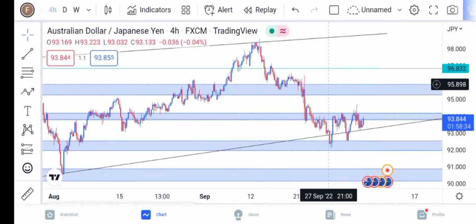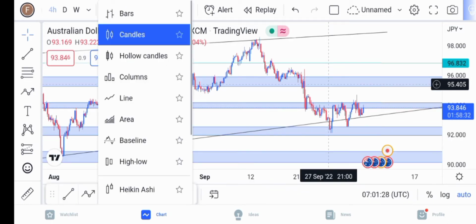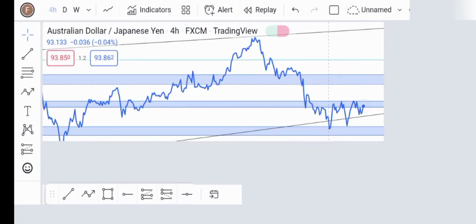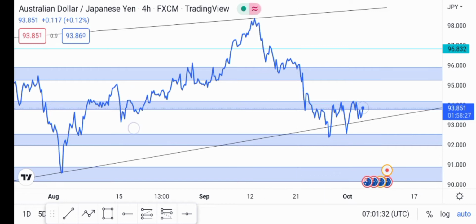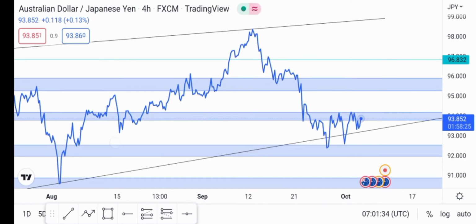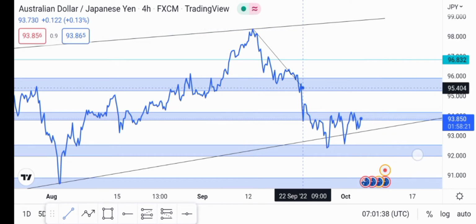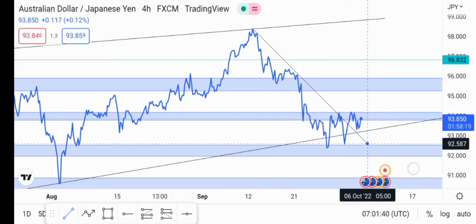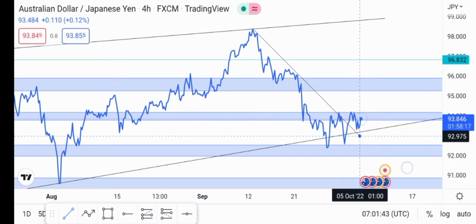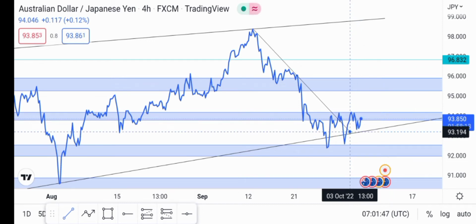So let me use the line chart to show you guys. If you look closely, from this point right over here, we have been pushing to the lower side until right over here.